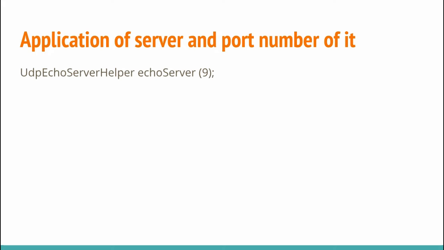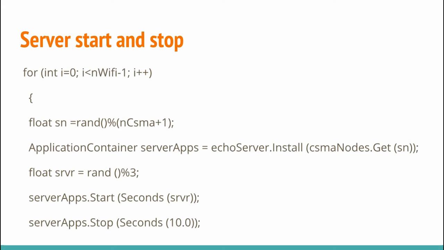Here we are taking an echo server application, and that can be taken using the class called UdpEchoServerHelper, and this 9 represents the port number of it. After that, we install this application over our nodes, and we define the server start time and server stop time.